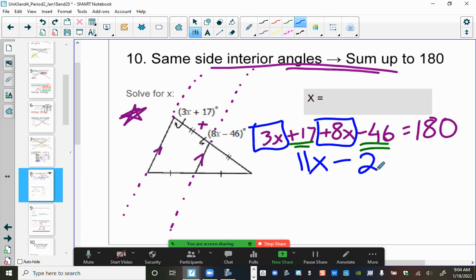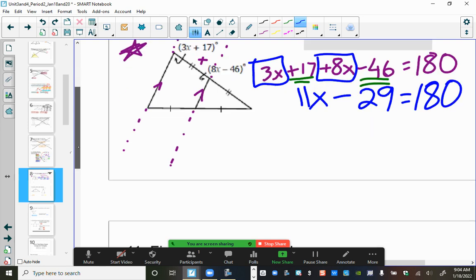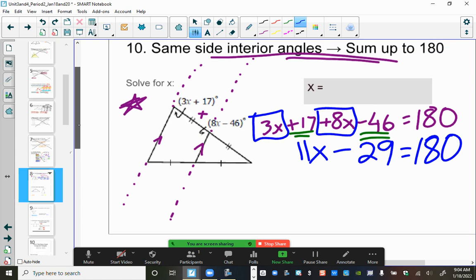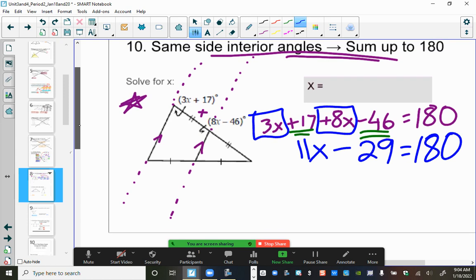In this case, it's going to be negative 29. So 11x minus 29 equals 180.